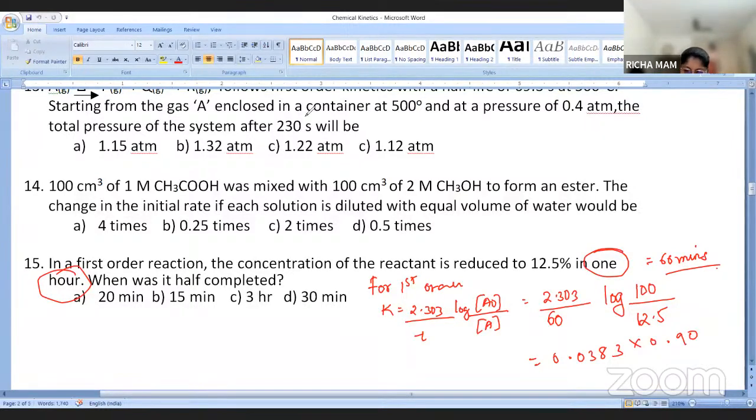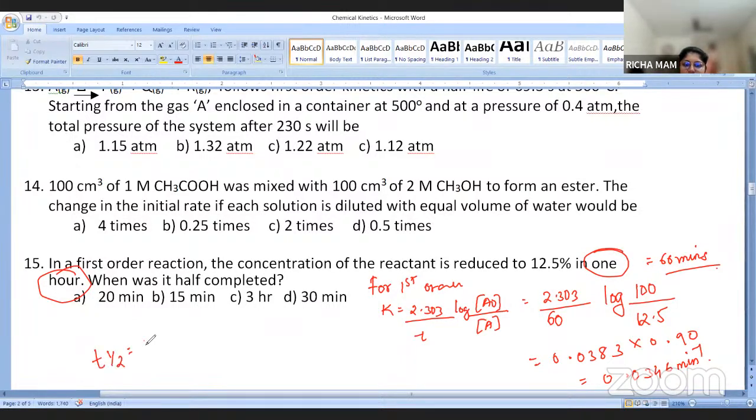Simple calculation. So 0.9 into 0.0383. I have got the answer as 0.0346 per minute. So this is K, the rate constant for the first order reaction. Now they have asked the half-life.